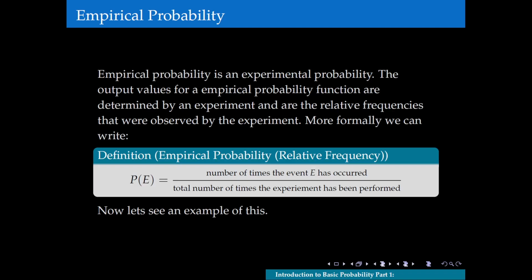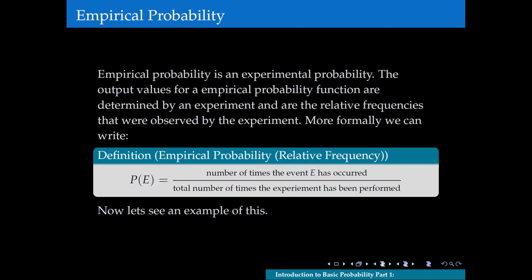So the outputs for an empirical probability function are determined by the experiment and the relative frequencies that were observed by that experiment. So if we have a particular event in question, we have to run an experiment. We have to have a set of outcomes that we've determined by running the experiment.